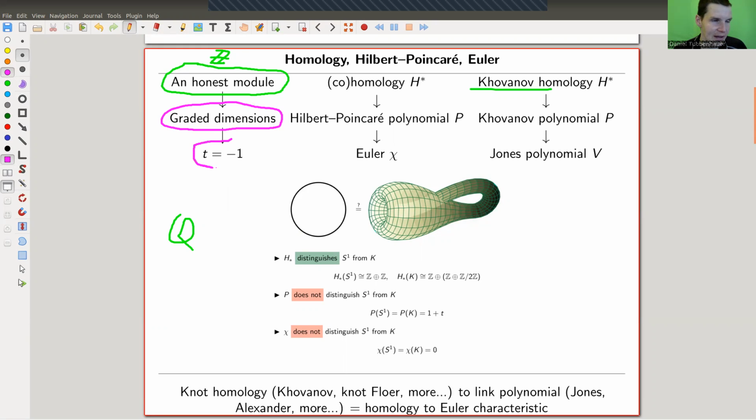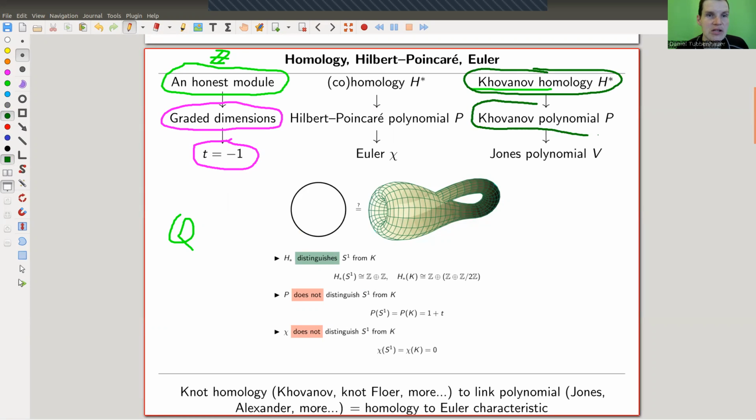You will see an example later, and you can specialize those sequences of numbers. So you have a grading, or actually two gradings. It's bigraded, by q and t. You can specialize one of those parameters, and you get the knot polynomial, and that's really the same. So Khovanov homology is a sequence of graded vector spaces.